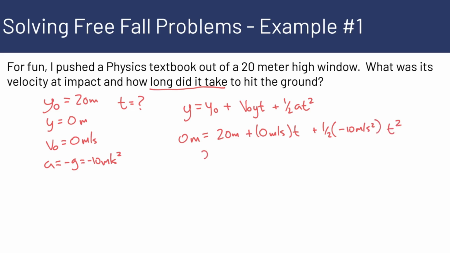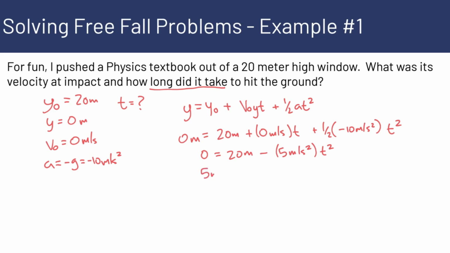So we have 0 equals 20 meters minus 5 meters per second squared times t squared. So we'll move the 5 meters per second squared times t squared over to the left side.